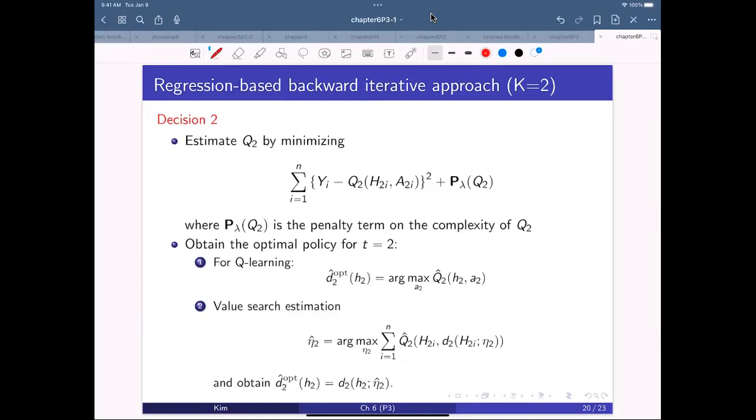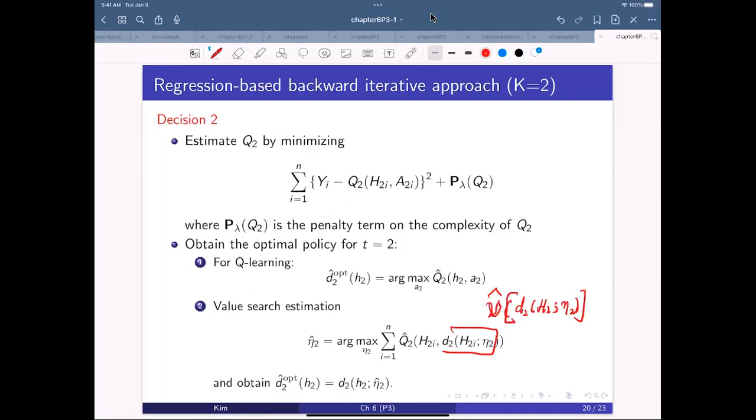What is the value search estimation? It's similar, but the fundamental difference is that you compute the value function, the value of the decision rule D2 of eta. D2 is a function of H2 and eta 2.